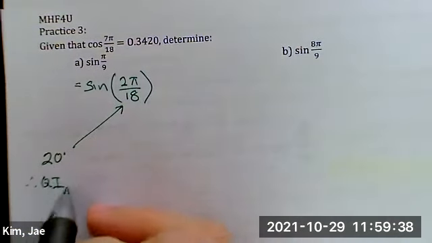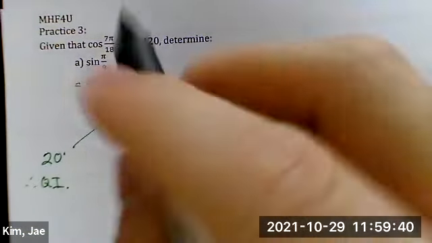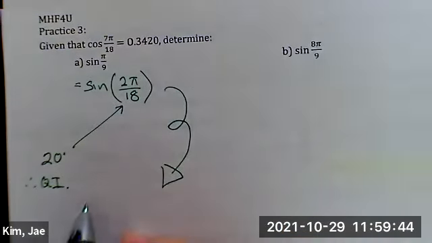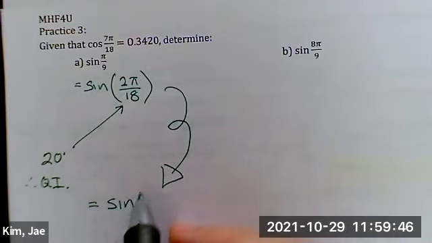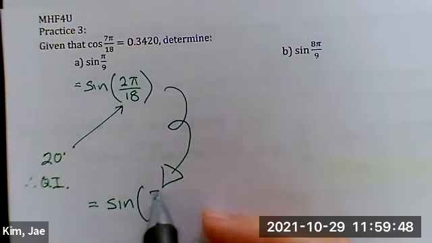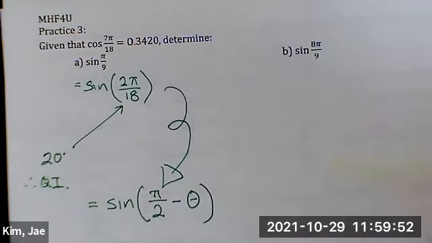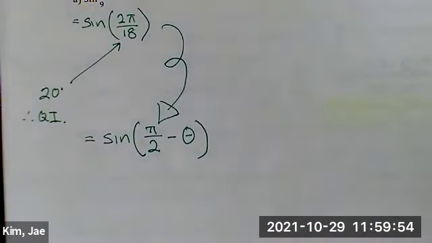Therefore, it's quadrant 1. So we can actually rewrite this as sine of pi over 2 minus some angle. Right? Because it's quadrant 1.